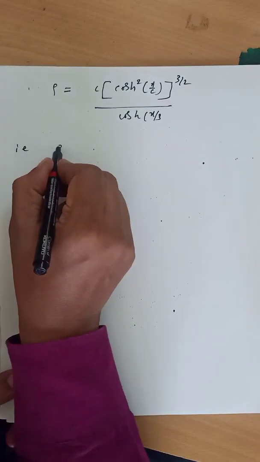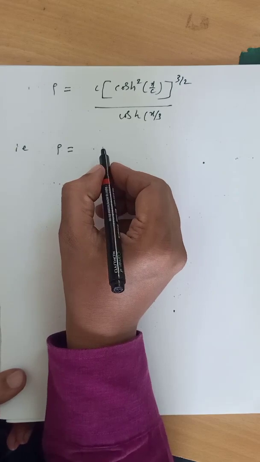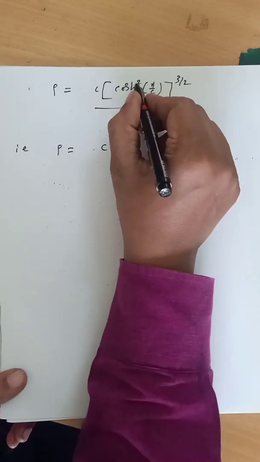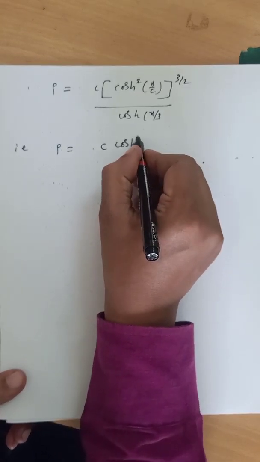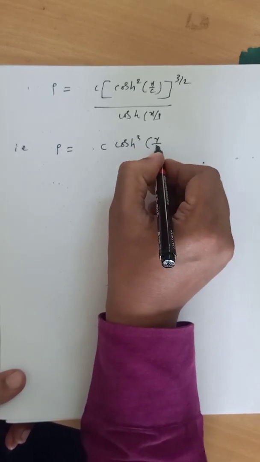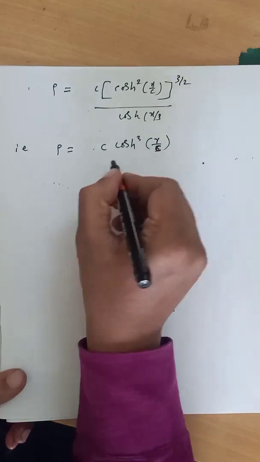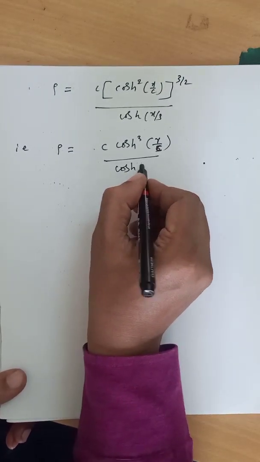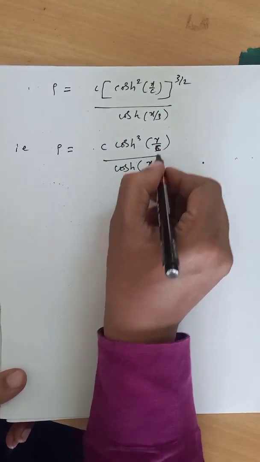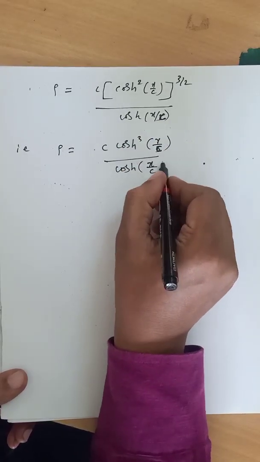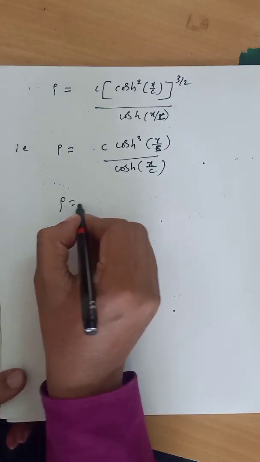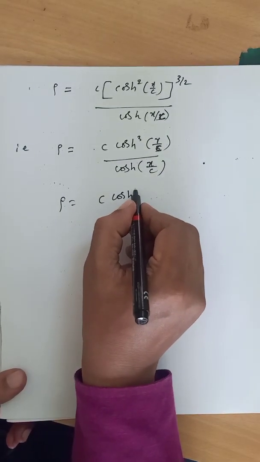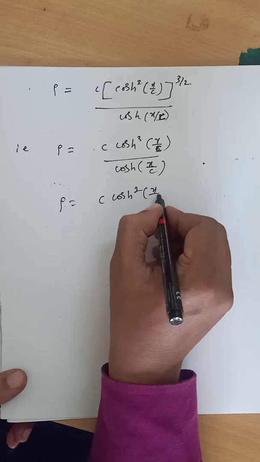That is rho is equal to c into, here 2 cancels, cos hyperbolic cube x by c divided by cos hyperbolic x by c. Cos cancels, c into cos hyperbolic square x by c.